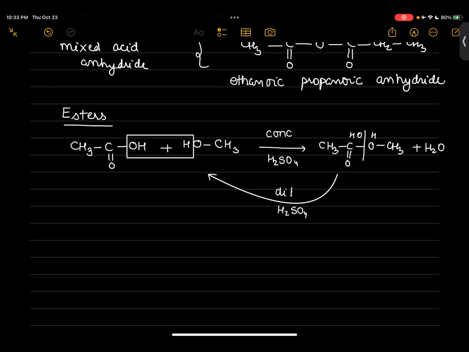You will get carboxylic acid and alcohol. Got it? Clear? Yes, sir. So this is hydrolysis. Okay. And in what medium? Acidic or basic medium?